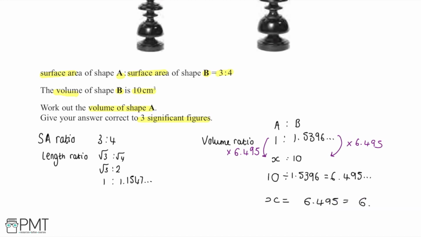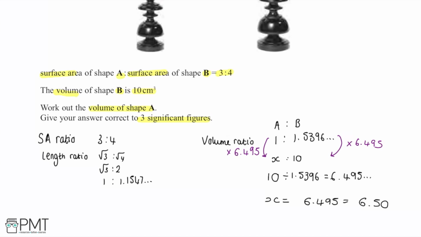So 6.495 rounded to 3 significant figures, 1, 2, 3. To the right of the 9 is a 5, and that's greater than or equal to 5. So we're going to round the 9 up, however that takes us to 10, which then means we need to round the 4 up to a 5. So that just leaves us with 6.50 to 3 significant figures.